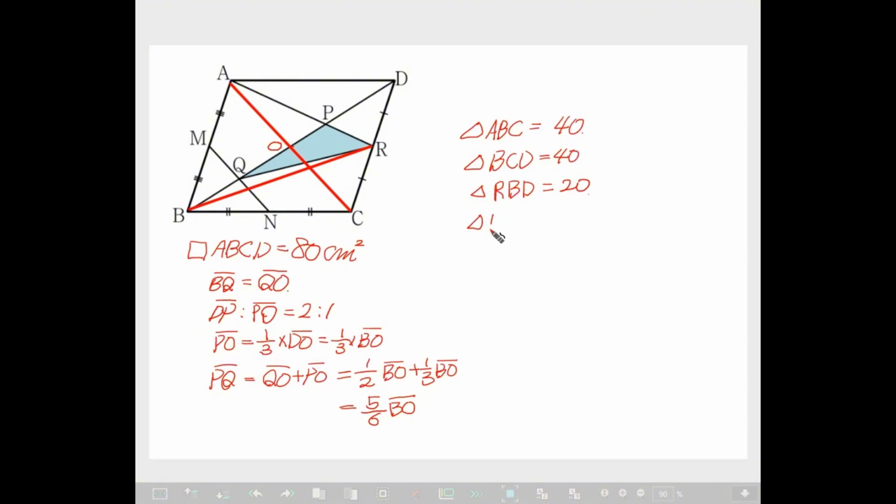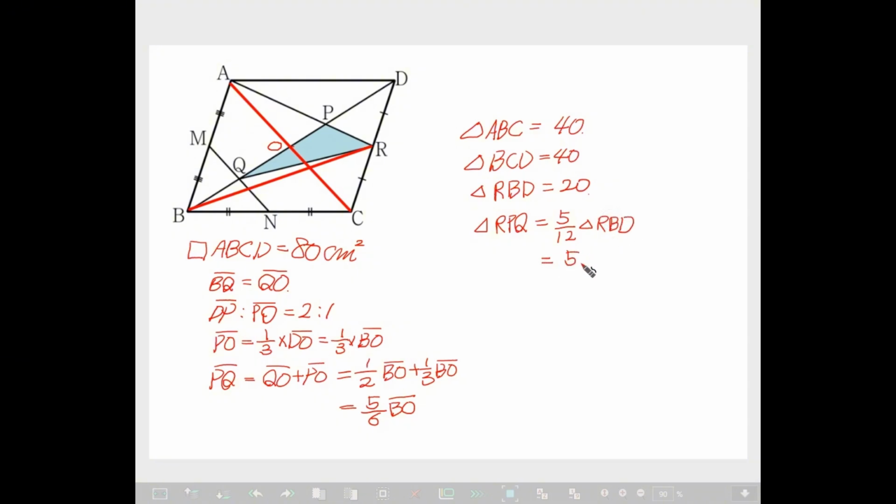Triangle RPB, triangle RPQ equals 5 over 12 of triangle RBD.